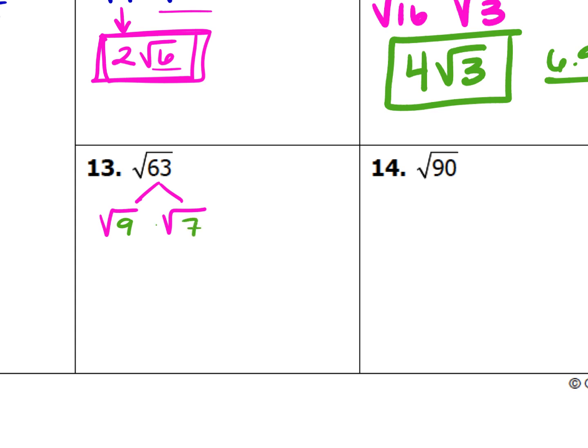So that's these two numbers. 9 times 7 is going to get us that 63. What does that simplify to? What is the square root of 9? 3. The square root of 7 we can't simplify, so we have to leave that one in the radical. So the one on the right will always be in a radical. The one on the left should not be anymore. Okay?